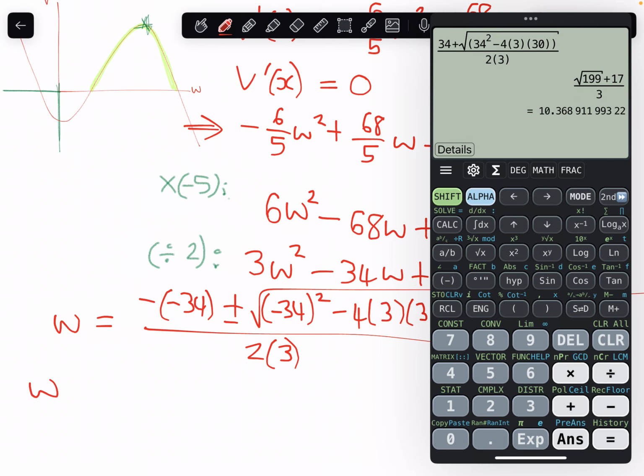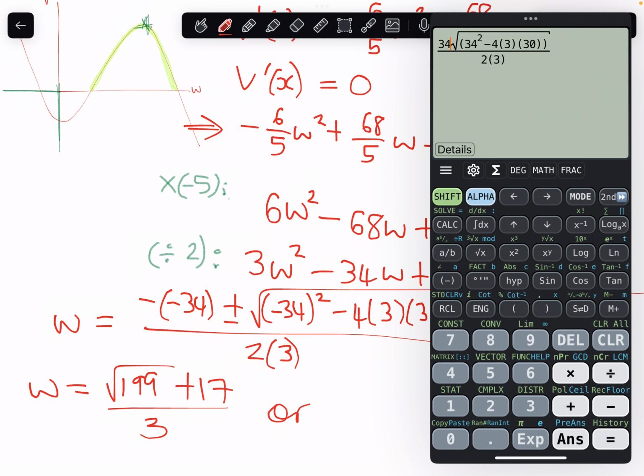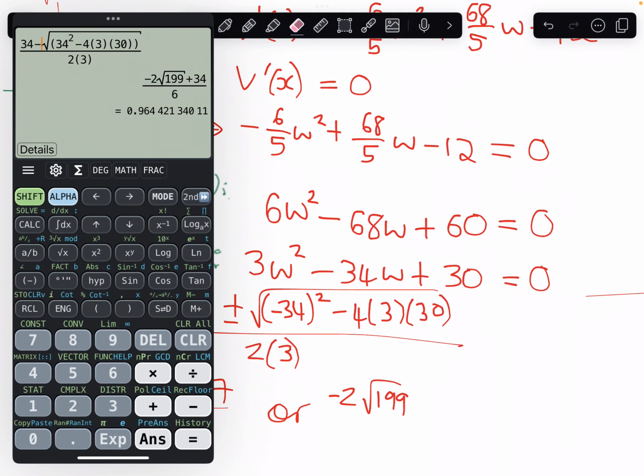So we end up with W is equal to root 199 plus 17 over 3, or with the minus, it becomes negative 2 root 199. Okay, let's move this here. W is equal to negative 2 root 199 plus 34 over 6.